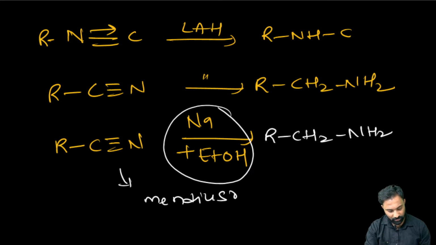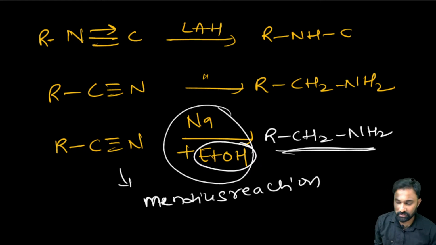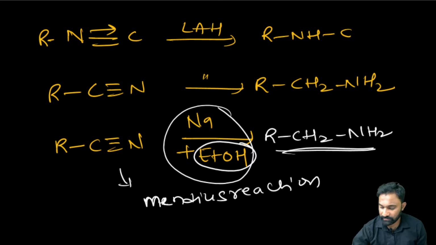This is very important. Now you have to be very careful. Sodium in the presence of ethyl alcohol, this cyanide will be converted into the primary amine, and this reaction we call the Mendius reaction, right?